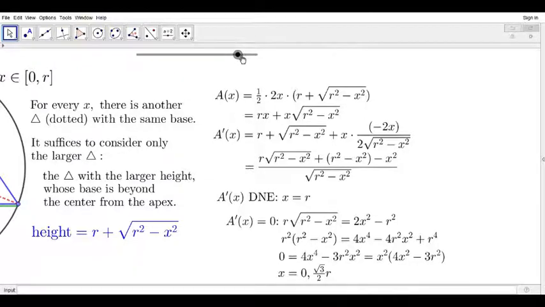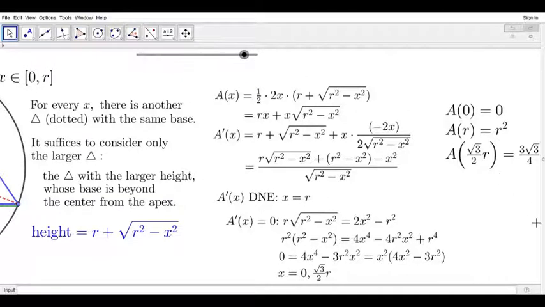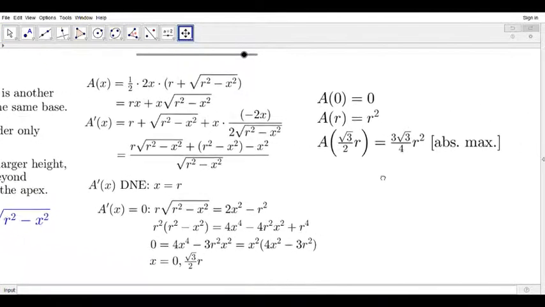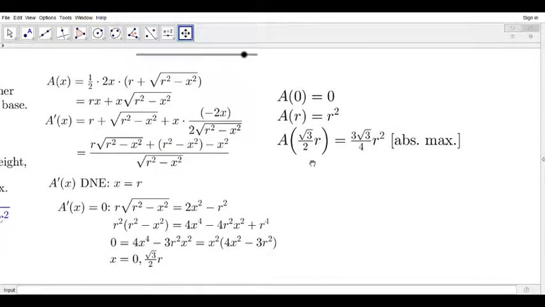Just like before, all we have to do now is evaluate the area function at the endpoints 0 and r, and at our critical number. So this is the area formula. These are what you're going to get, and it's clear that the last area computation is the absolute maximum. It's the same area as before.